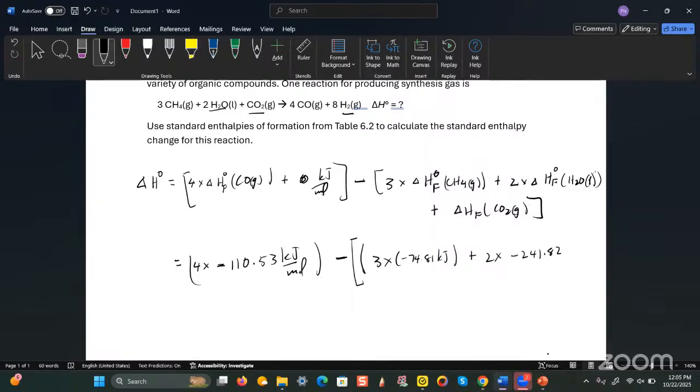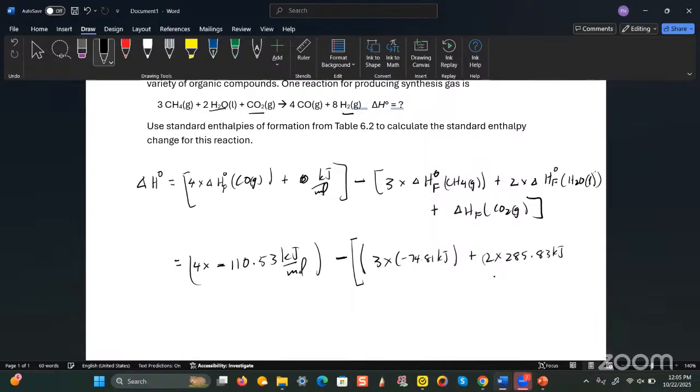Oh, no, sorry, that was gas. Oh, that was gas? Okay, remember, you have to pay attention to the states. So what's the value? 285. Oh, 83, okay, 83 kilojoules.